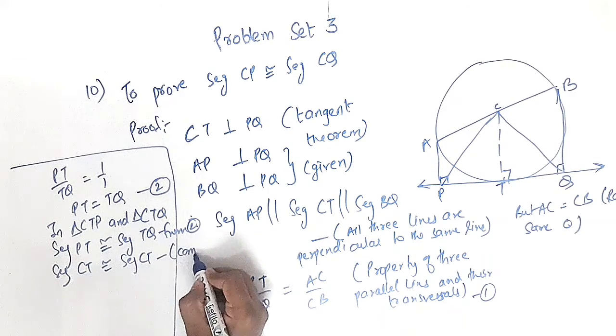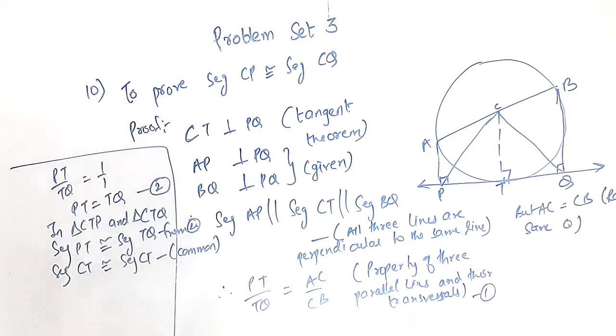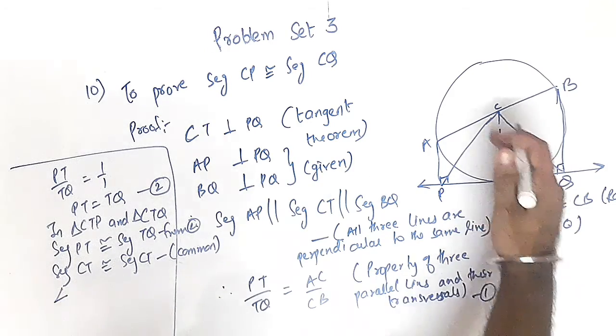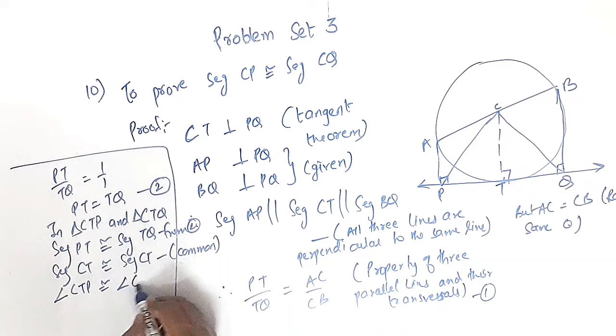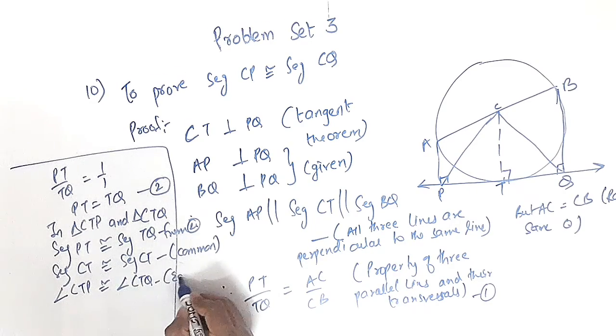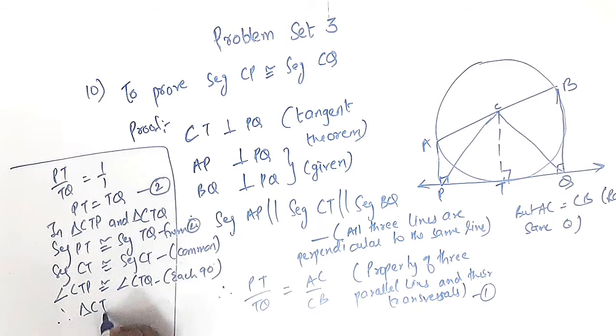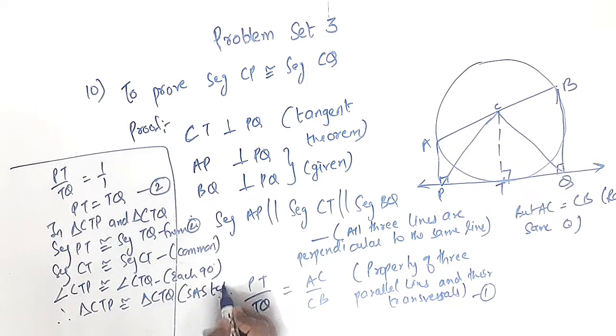This is common. And then you have angle, side, angle, side. Angle CTP is congruent to angle CTQ, each is 90 degree. Therefore triangle CTP is congruent to triangle CTQ. This is by side angle side test.